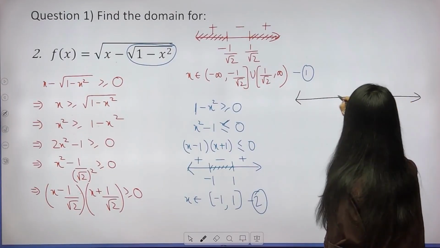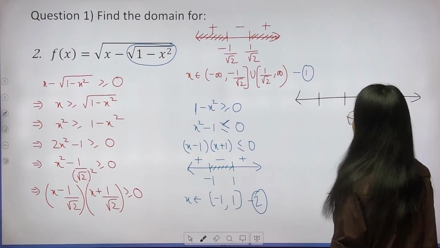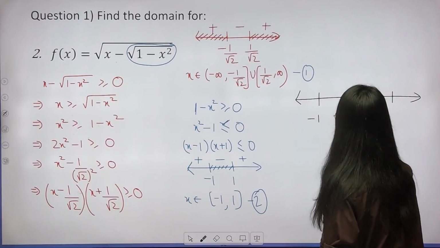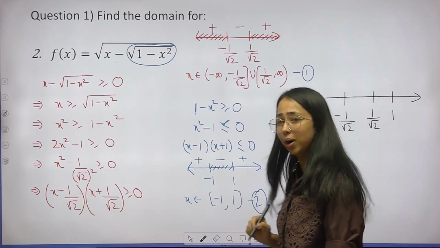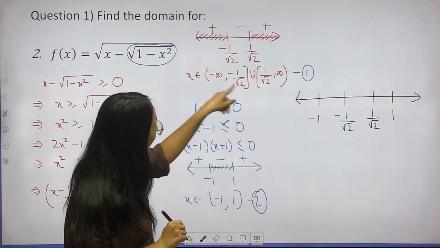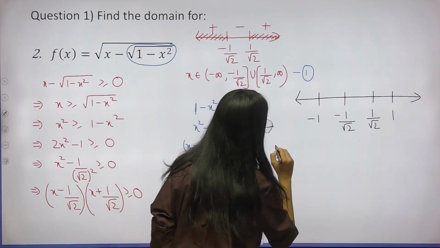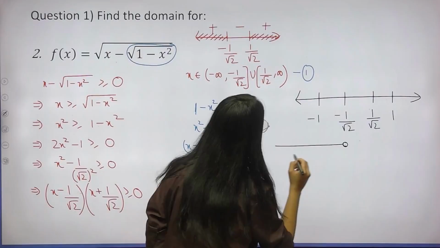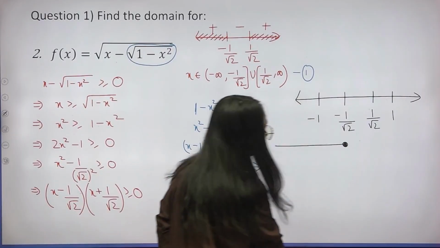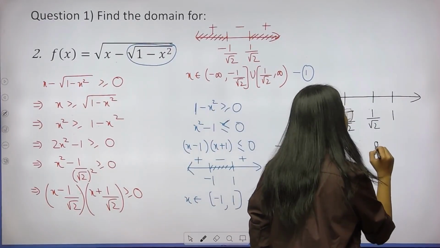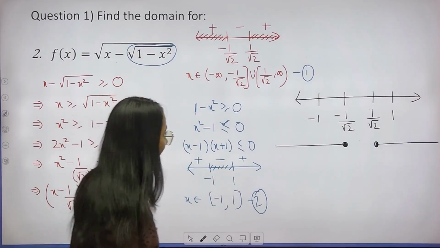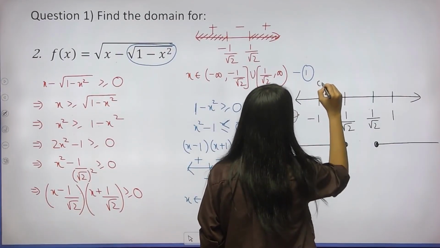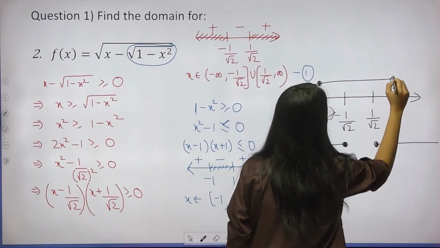So for intersection, we have 4 critical points: minus 1, minus 1 over root 2, 1 over root 2 and 1. Okay. So this says that x belongs to minus infinity till minus 1 by root 2, which is included, and 1 by root 2 till infinity. Got it? And this says that x belongs to minus 1 till 1.